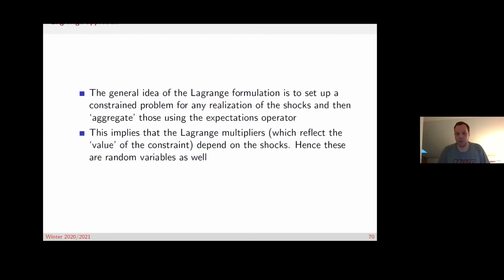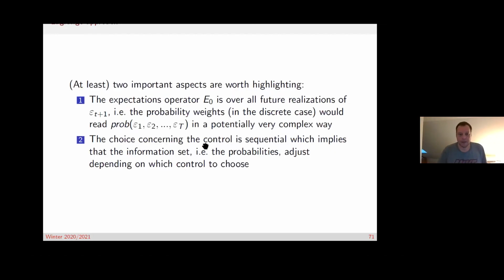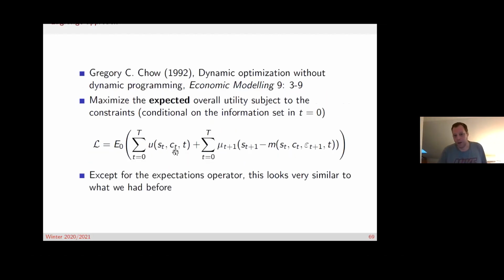So what you basically do is, this is again what I try to explain to you, you have this Lagrange function for any realization of the shocks that you would experience, and then aggregate all those situations that you could be in using the expectation operator. But this implies that not only the optimal control that you choose and the state that you are in are stochastic variables, but the shadow value is a stochastic variable as well.